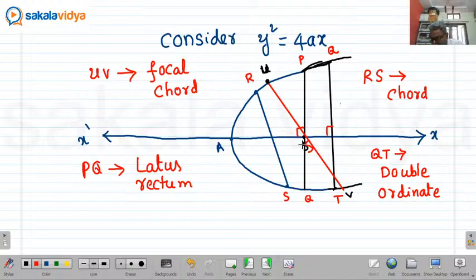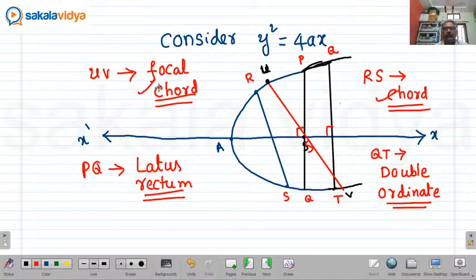In this way we can discuss. See, actually here we have chord concept, focal chord concept, double ordinate concept and latus rectum concept. Understood now? So now once again you remember the distance from S to any point, SP, is called focal distance.